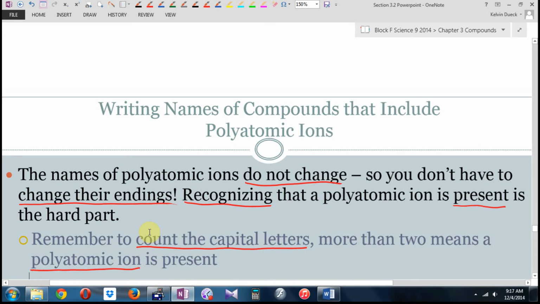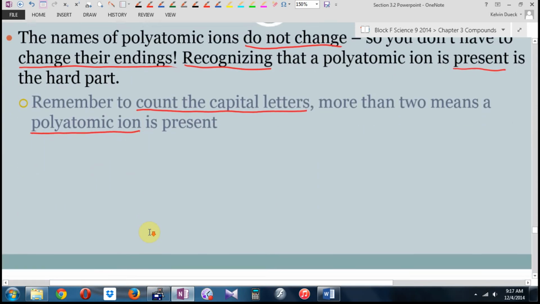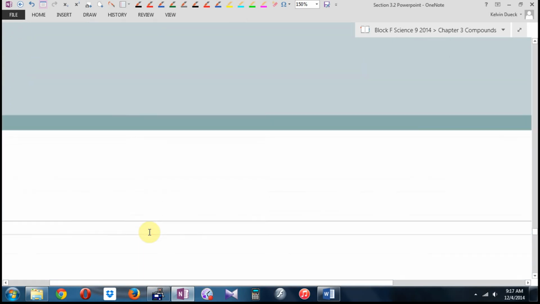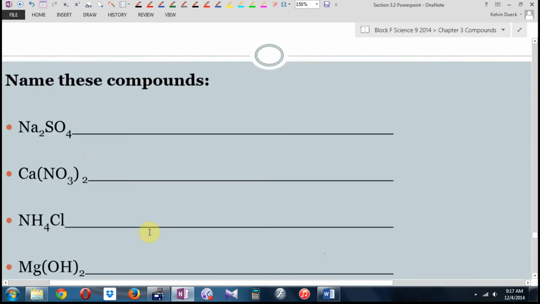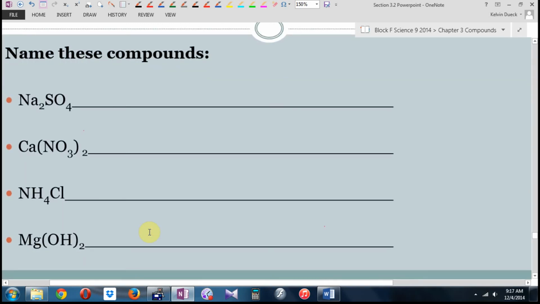Ready? Name these compounds. First of all, how can you tell that all 4 of these have a polyatomic ion just by glancing at it? More than 2 caps. Look at this first one. The metal, and then to the right is the polyatomic ion. Sodium, multivalent or not?